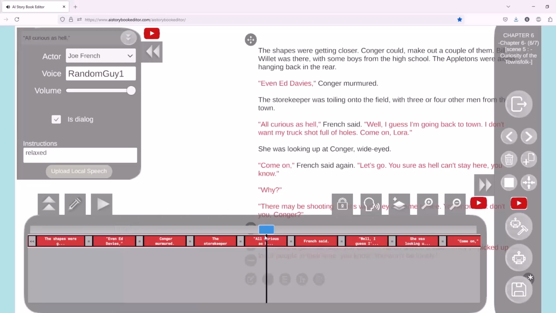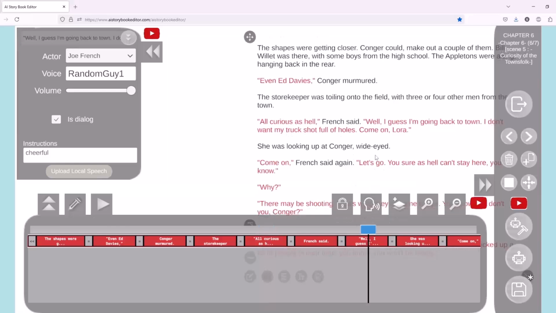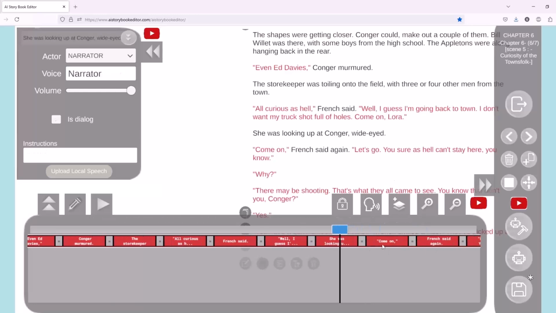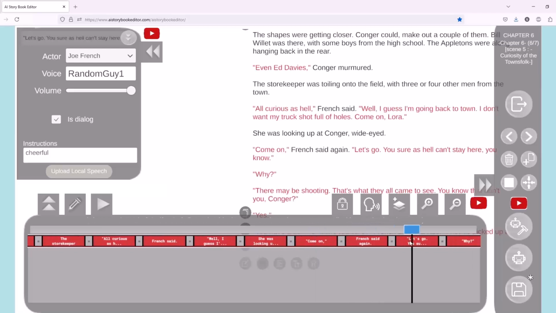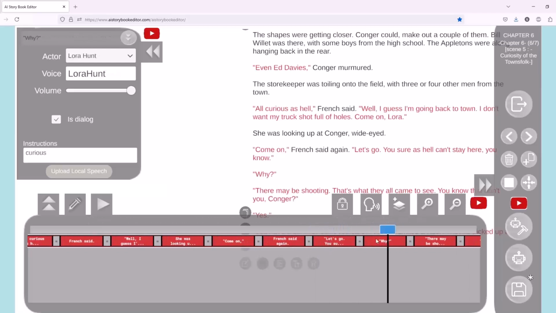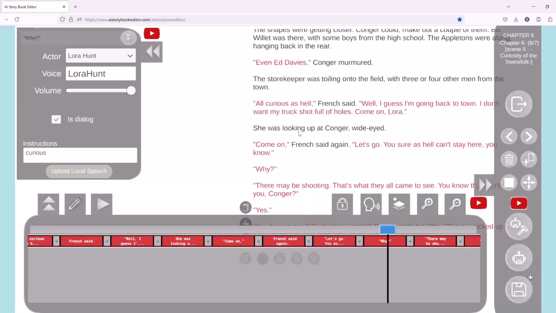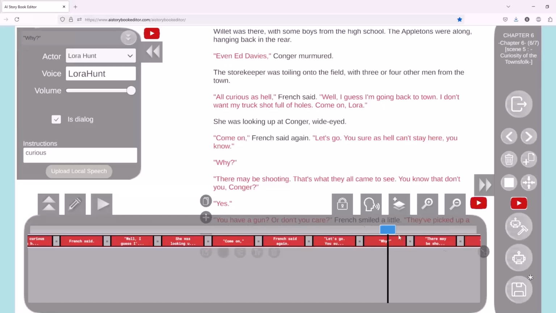Conger, Joe French. Joe French, come on. Joe French, let's go, Joe French. Why? She was looking up to Conger. Come on, French, set again, let's go. This is Conger.